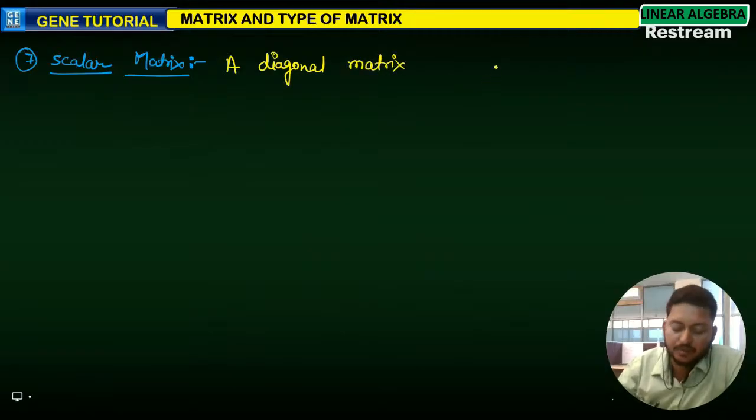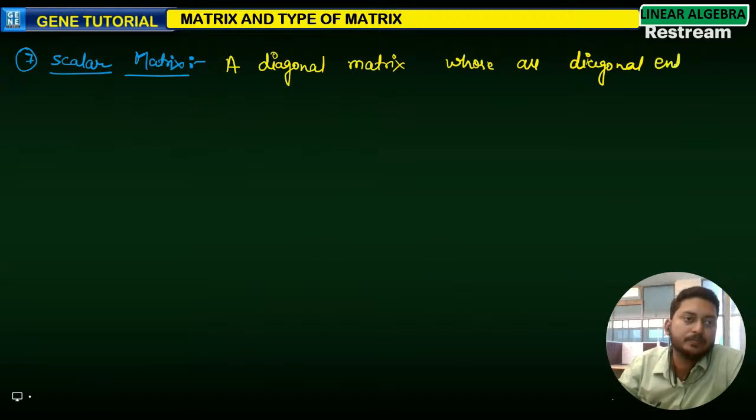A diagonal matrix whose all diagonal entries are equal is called a scalar matrix.